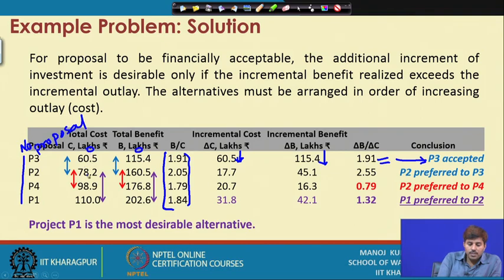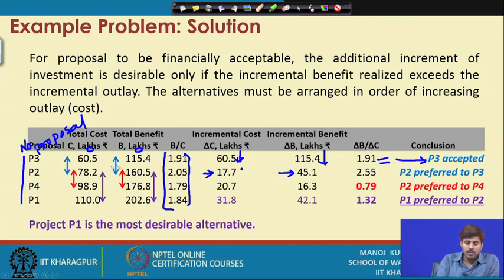We compare P3 versus P2 and see that an additional cost of 17.7 lakh rupees is needed, and that is going to lead to additional benefits of 45.1 lakh rupees.